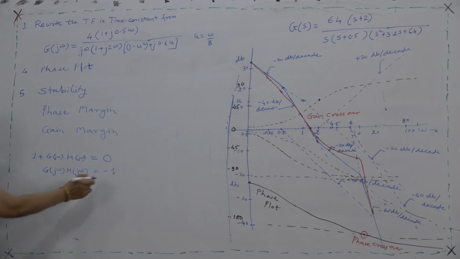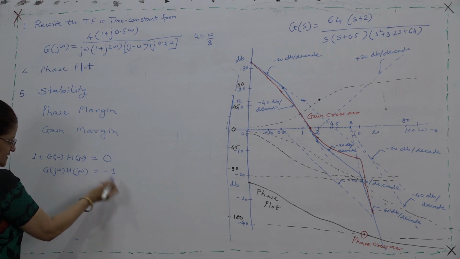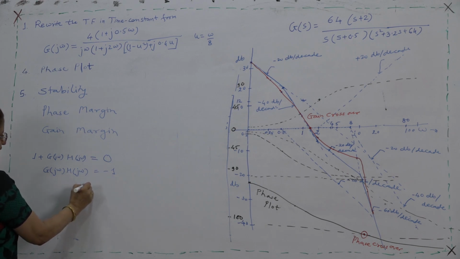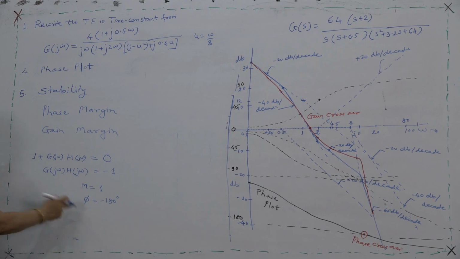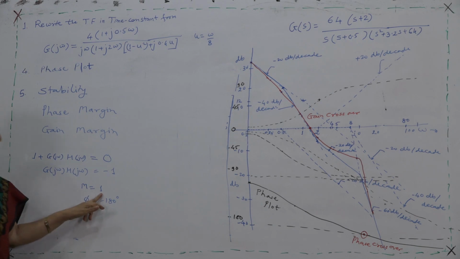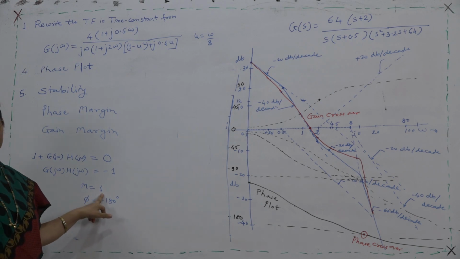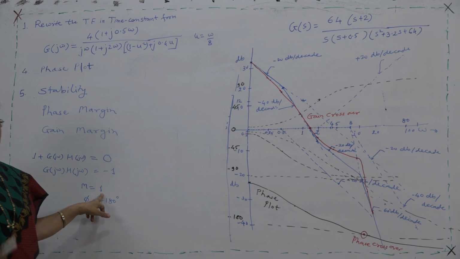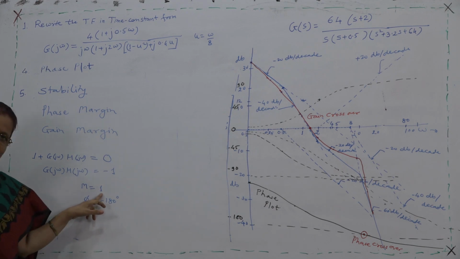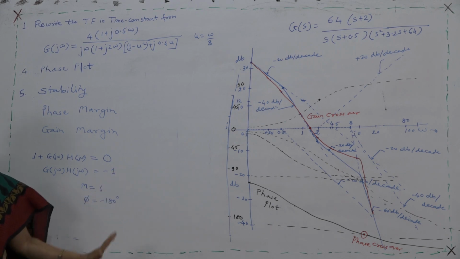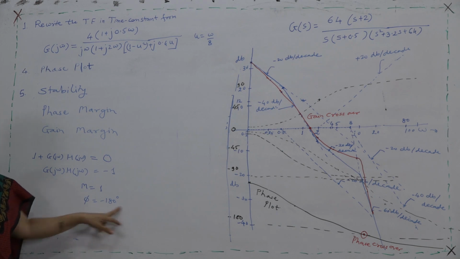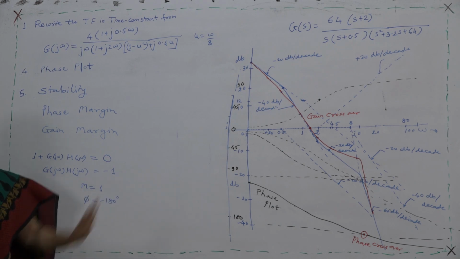Minus 1 we are representing as magnitude and phase, that you want magnitude as 1 and phase as minus 180 degrees, isn't it? We have seen these two things. When magnitude is 1, what is it in dB? 20 log of 1, so it is 0 dB, meaning when the magnitude is 0 dB, it is 1. So, that point is of importance. Second, the phase is minus 180 degree.